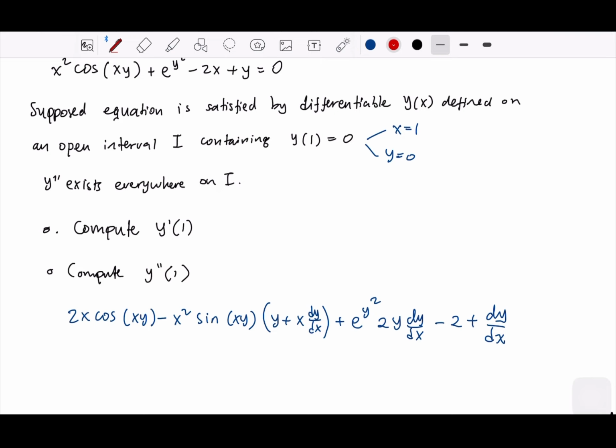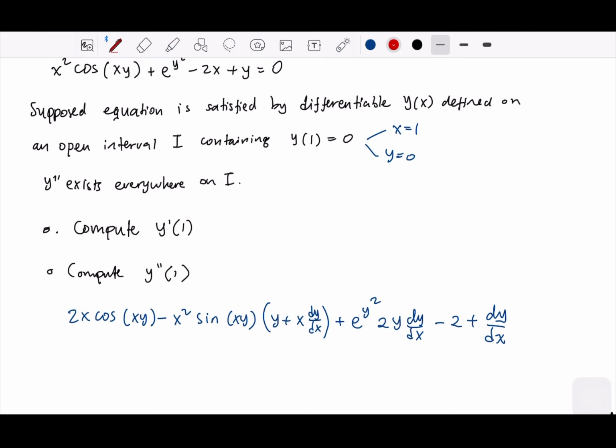Sometimes maybe a few students, because they do not really pay attention to the question, solve this first, wasting time, and then write dy/dx equal to some formula. Just stop here and then just substitute the number. Okay?